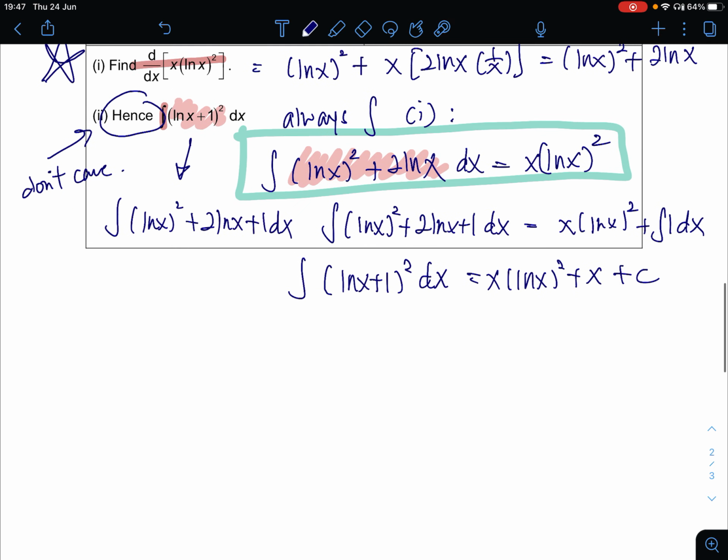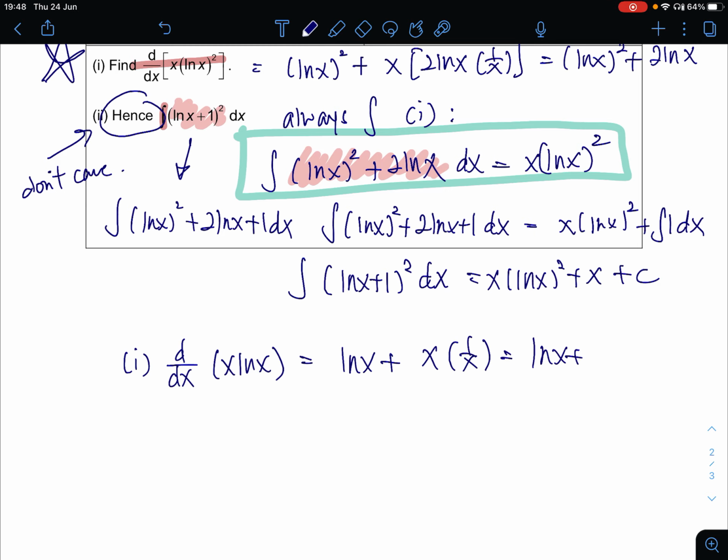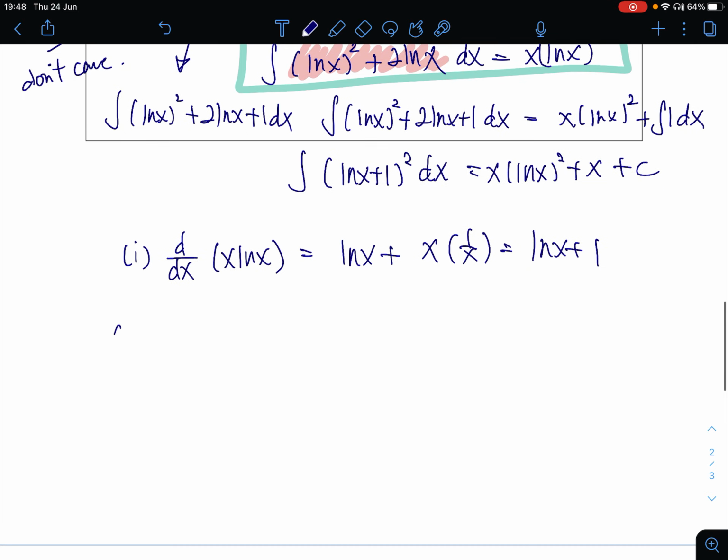Okay. So let's say I'll give you another example. Okay, part 1, differentiate x ln x. Then you will get ln x plus x times 1 over x, which is ln x plus 1. Okay. So let's say part 2, they say, hence, integrate ln x dx.